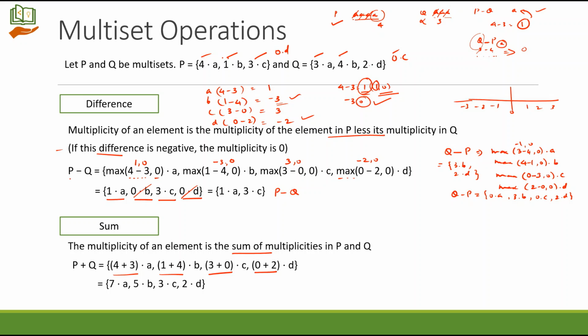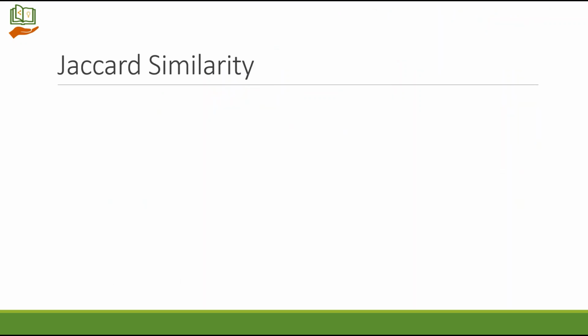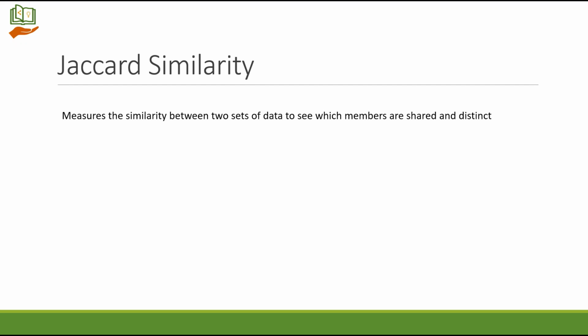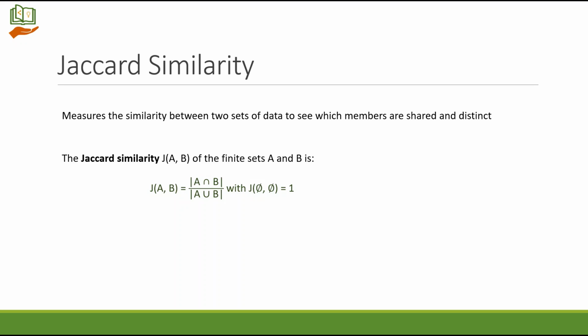So how we handle the multiplicities matters the most with regard to multiset operations. Now we are moving to the next concept, Jaccard similarity. This measures the similarity between two sets of data to see which members are shared and distinct. The Jaccard similarity formula, J of A comma B of the finite sets A and B. So this is with respect to sets and not multisets.